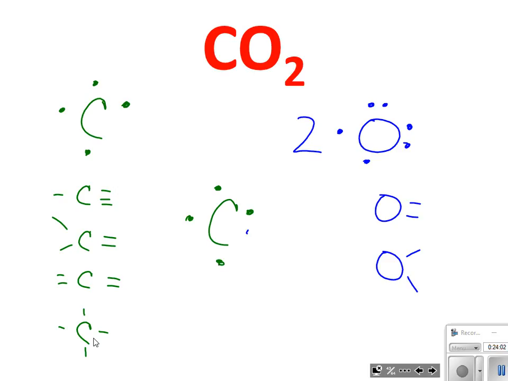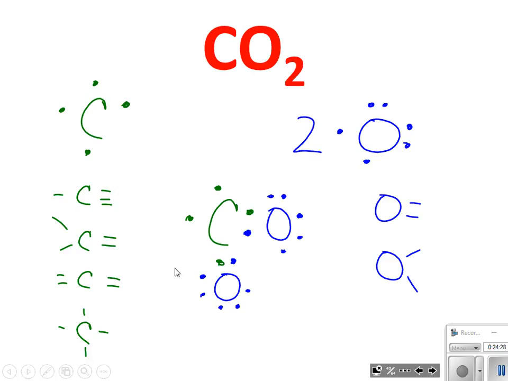Well, I'm going to put them right here. And I'm going to put the other one right here. Now remember that oxygen only has how many valence electrons? 6, right? So I can't add any more electrons on there.